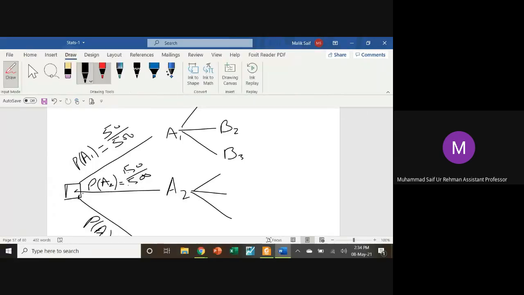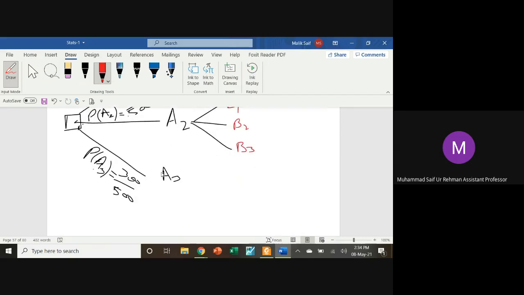Those again will be B1, B2, and B3, like this. Then move onward and have branches for A3. There are three possibilities: B1, B2, and B3. Fine.